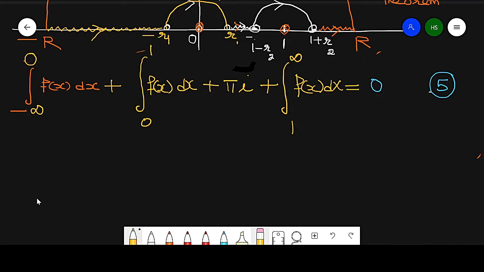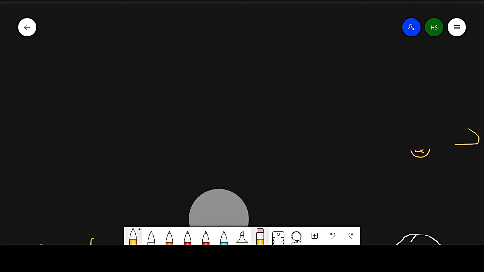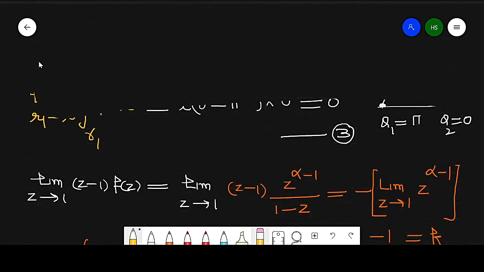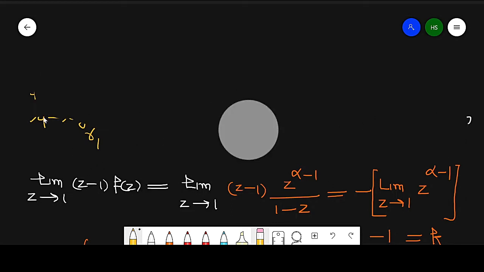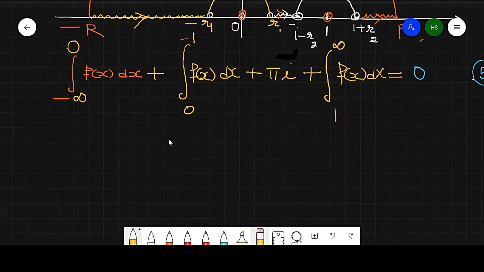So first I remove this, so now simplify our result, these values.